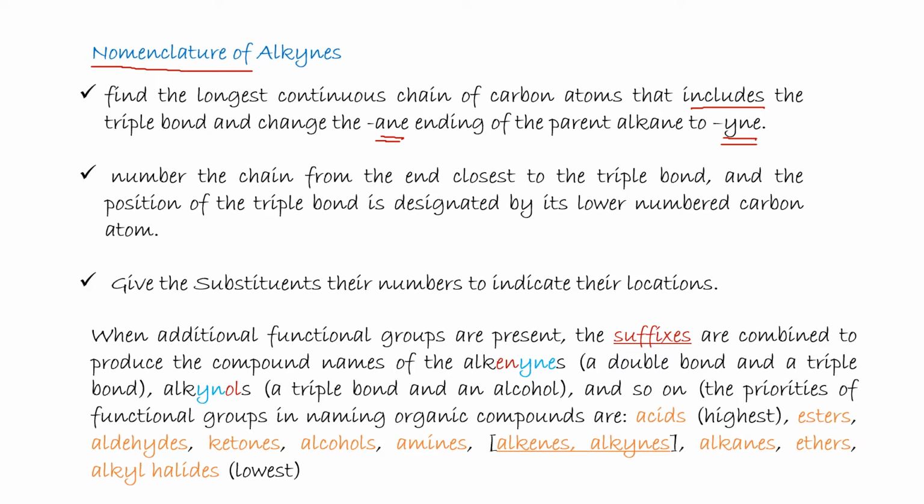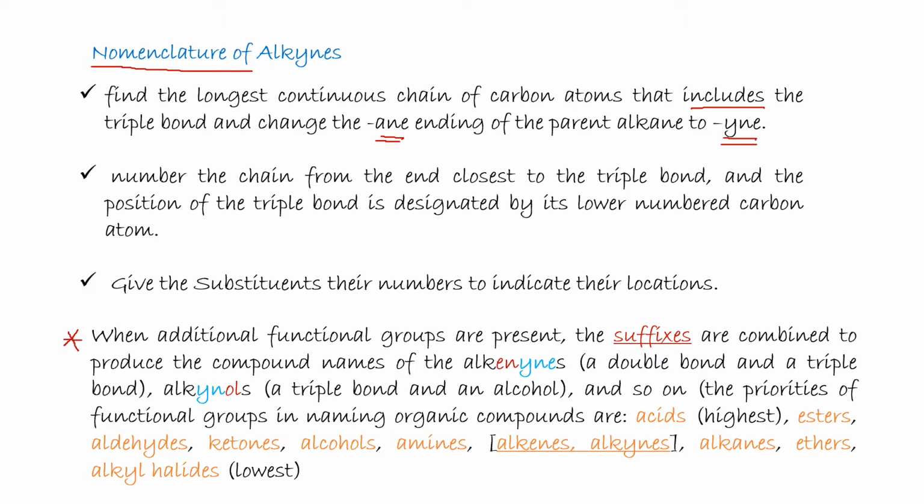Second step, number the chain from the end closest to the triple bond, and the position of the triple bond is designated by its lower number carbon atom. Third, give the substituents their numbers to indicate their locations. You have to take care of this one.